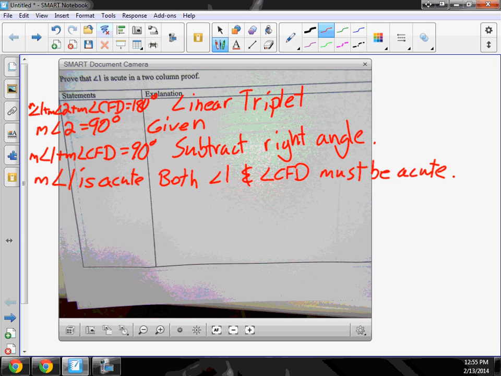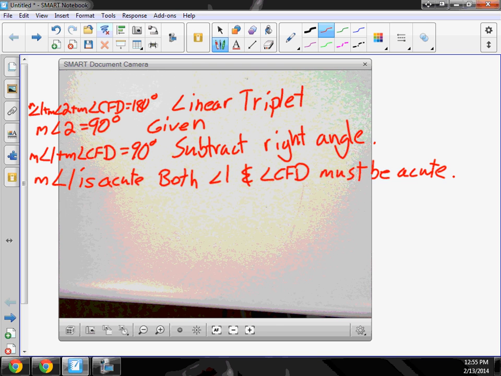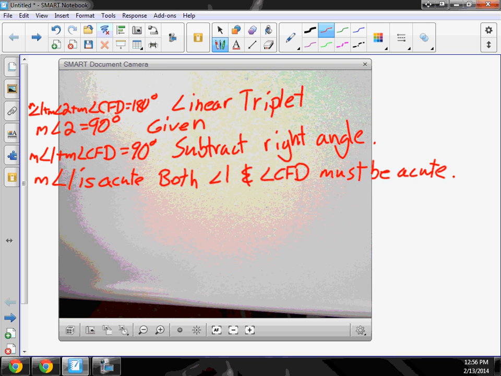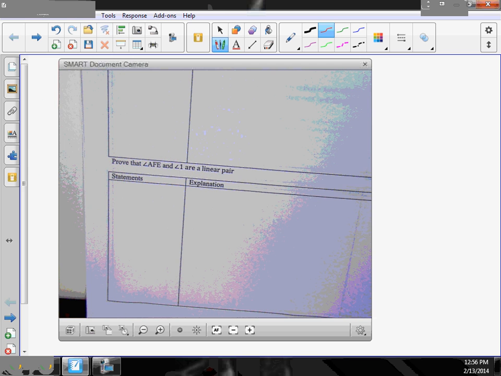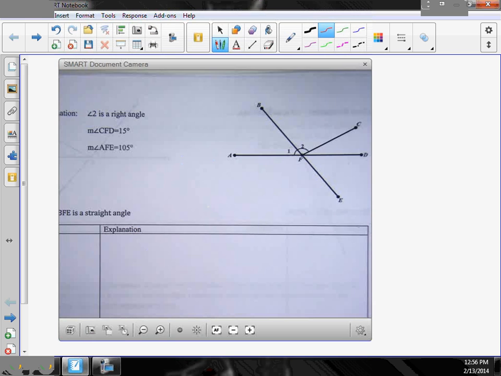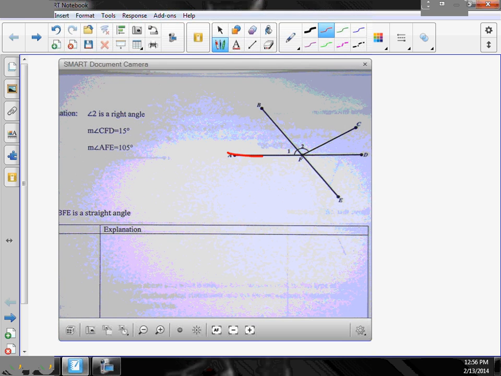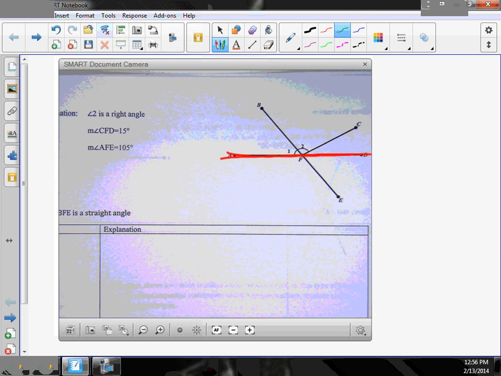Okay. So you have 4 proofs I'd like you to work on. If you turn the page, there's one thing that's not listed that I think we should list. So AFD is a straight angle. And you're trying to prove that BFE is a straight angle.